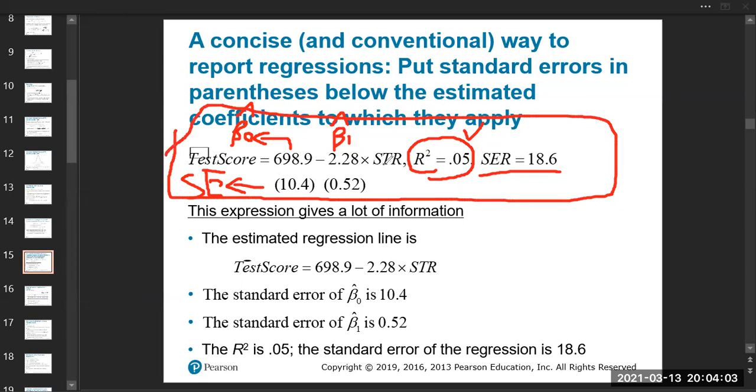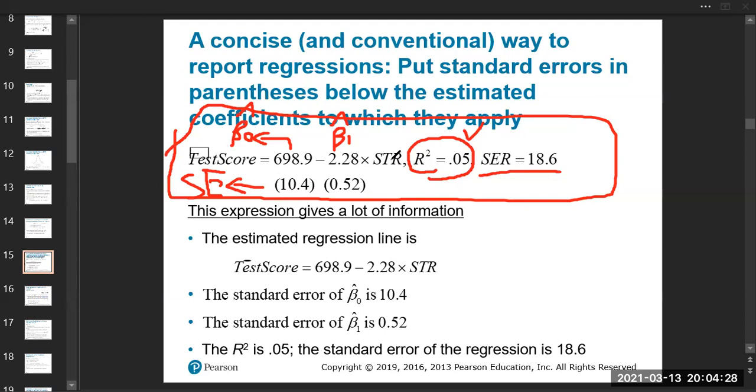You should be able to quickly tell me which one is beta 1 hat, which one is beta 1 hat's standard error, which one is beta 0 hat, which one is the standard error for beta 0, and which one is R square.